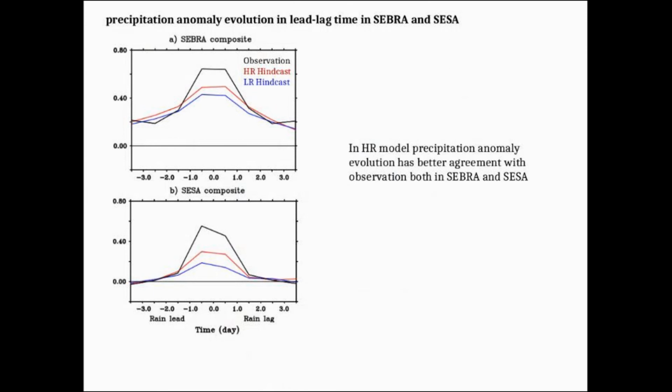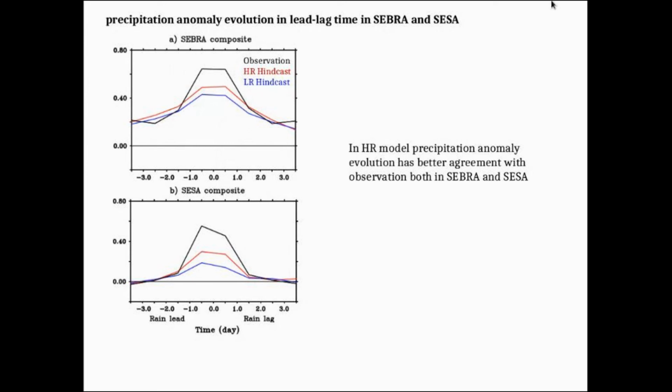Now here I showed the time evolution of a particular box of ZEBRA and SESA. This is mainly over the land. You can see the black line is observation, the red line is the high resolution hindcast, and the blue line is the low resolution hindcast. It is very prominent that the ensemble mean of the high resolution is showing better results than the low resolution.